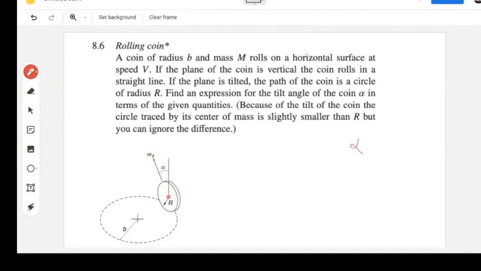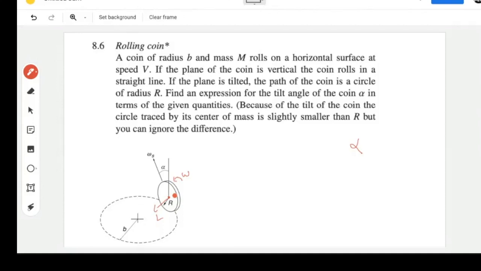This is rotating in this way with omega, so it has some L over here, and it's purely rolling. So same question, it's the same setup.